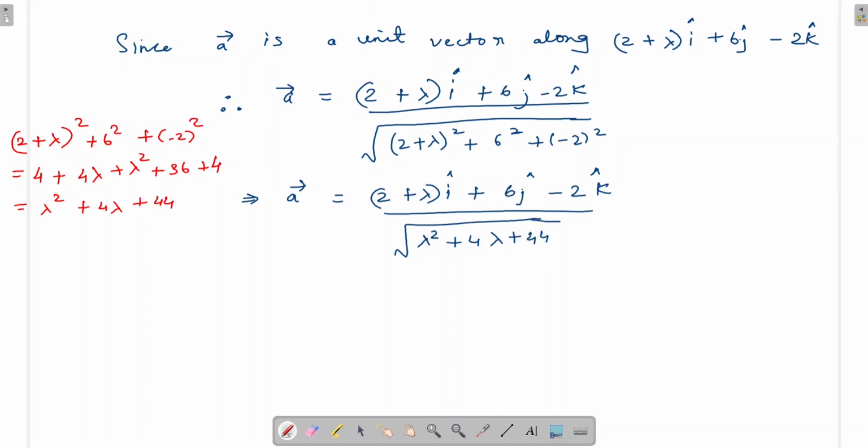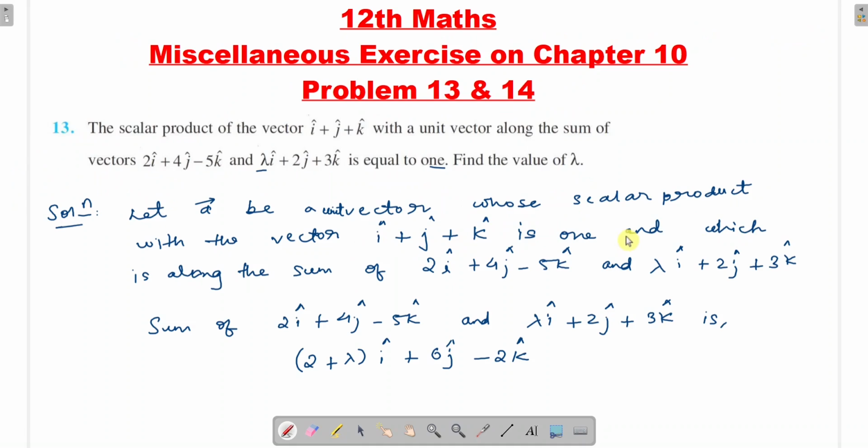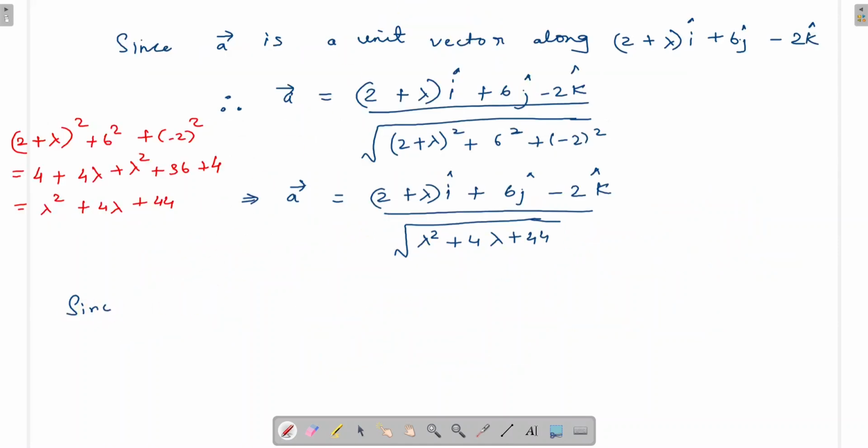Now we can find the value of lambda by taking the first condition. What is the first condition? a bar is a vector whose scalar product with the vector i cap plus j cap plus k cap is 1. So we will use this here. The scalar product, that is the dot product, of a bar with i cap plus j cap plus k cap is 1.